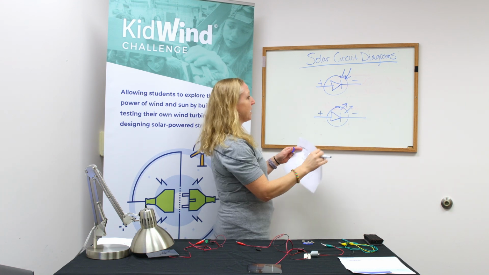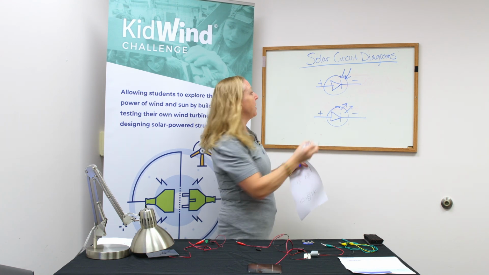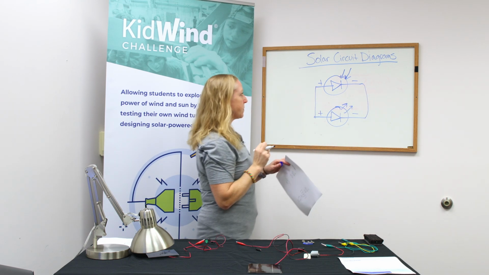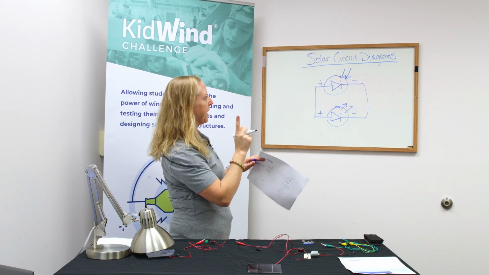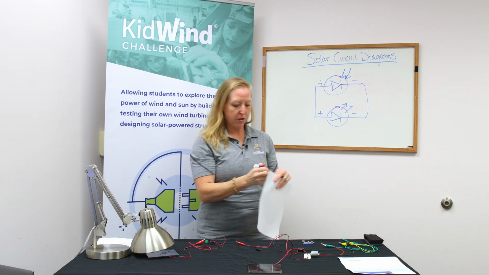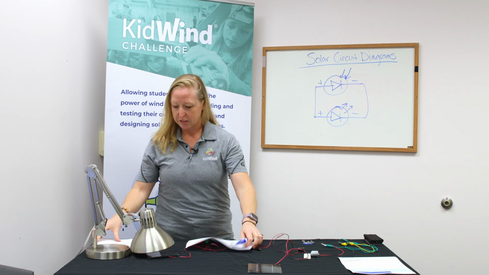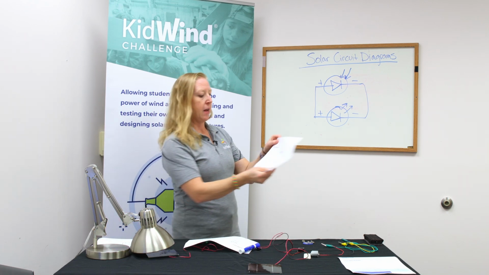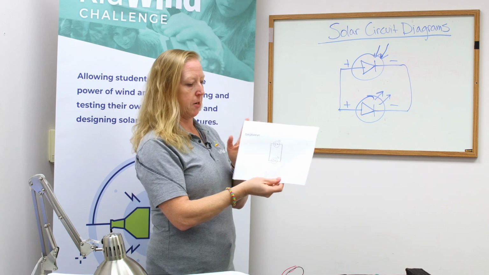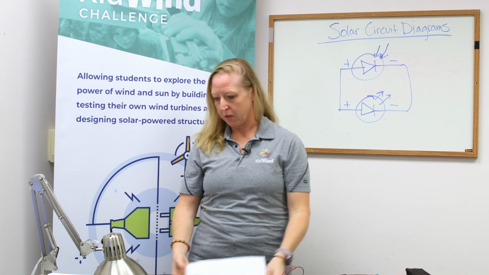And all we did was recreate a very simple series circuit. Positive to positive, negative to negative, and that LED went on. So there is your very first simple circuit diagram. And this is it written out in a little bit more digital format. Again, we'll share that with you.